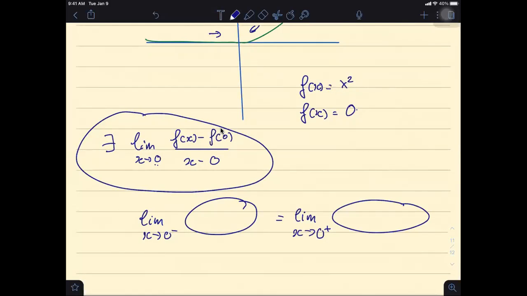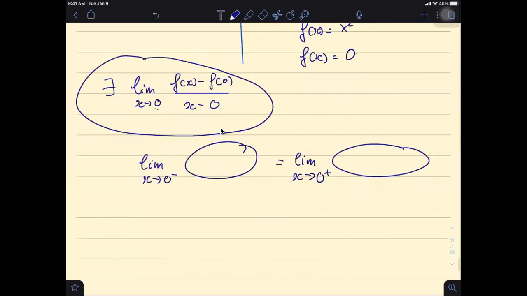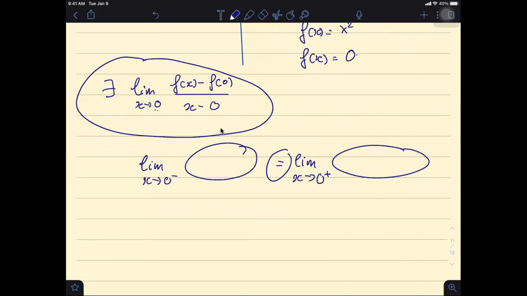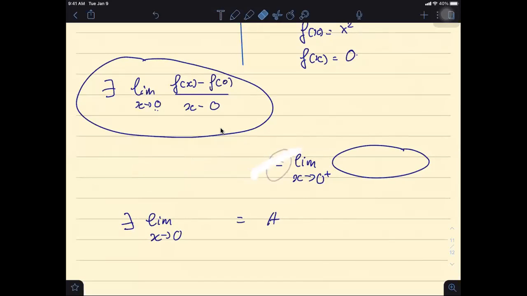If both of these are equal, then we can say there exists a limit when x approaches 0, and that limit is going to equal this thing, I assume it's a. Okay, you get the idea? Yeah, I got you. So it means you approach from the left and from the right.